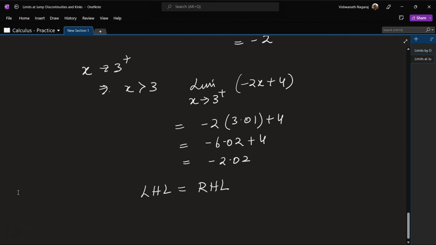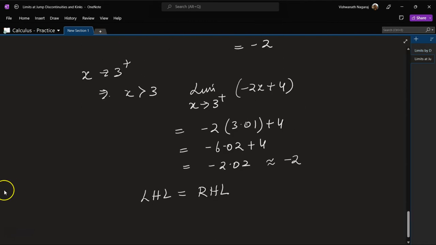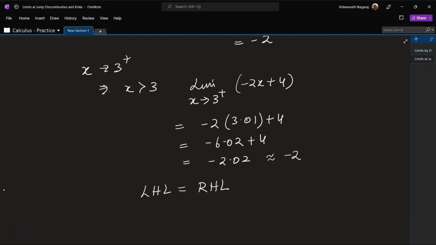Here it is approaching minus 2, so we can just write it as approximately minus 2, and here also it is minus 2. So since this is the case, therefore limit as x approaches 3 of f(x) is equal to minus 2.